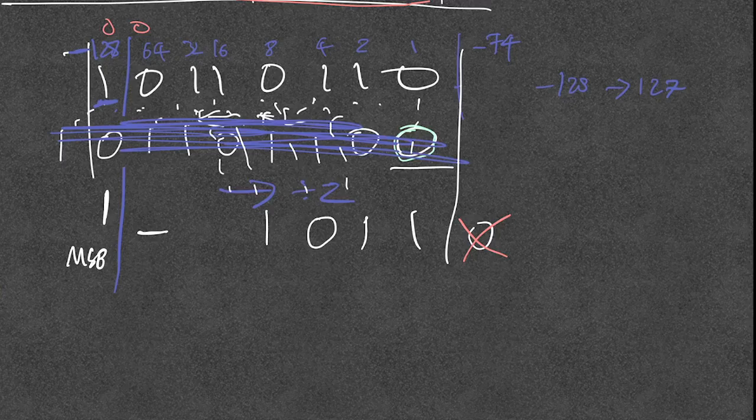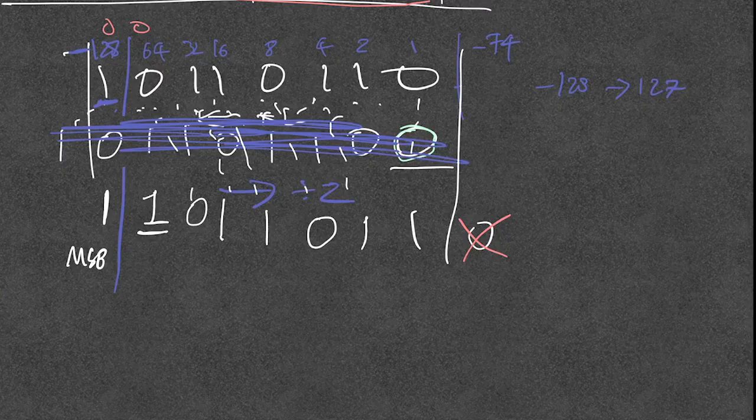That's going to go over here. We've got this 0 over here, and then that 1, what we need to do is fill it with whatever the value of our most significant bit was. So we fill that up with a 1. We fill that with a 1.